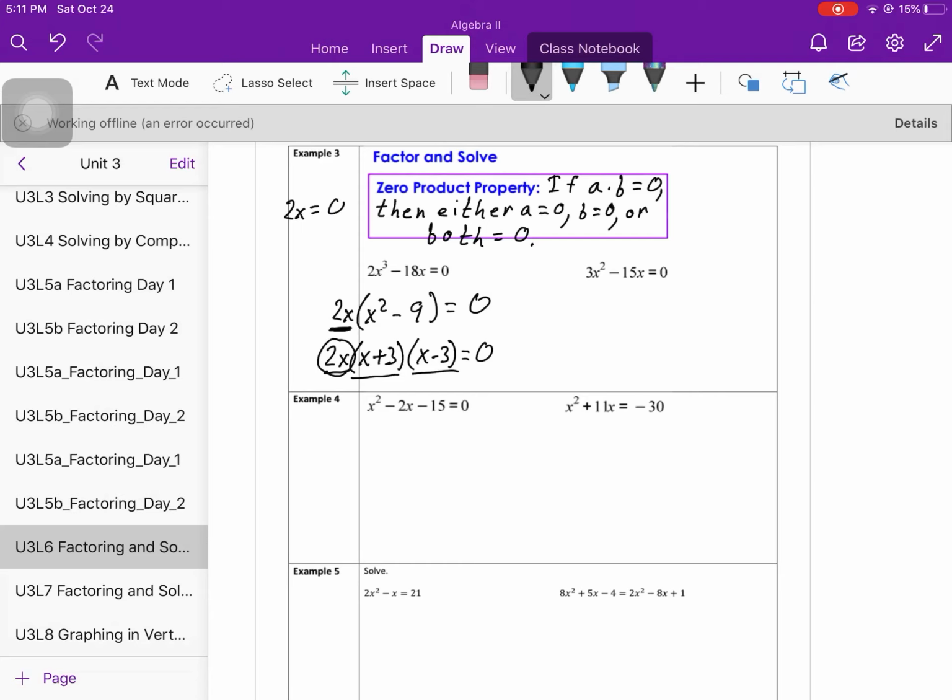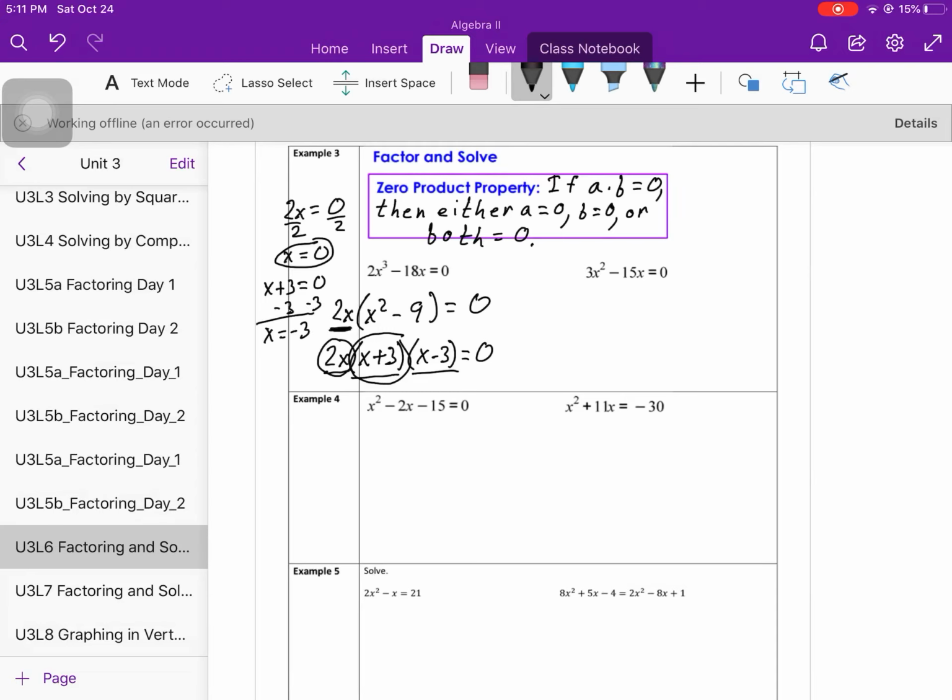So the first one, what would multiply with everything to make it 0? So I'm looking at this part here. So what I can do is I can just break that up and say, okay, well, what would make that equal to 0? Divide both sides by 2, we get x equals 0. So that's one answer. Then I can do the same thing with this right here, the x plus 3. X plus 3 equals 0.